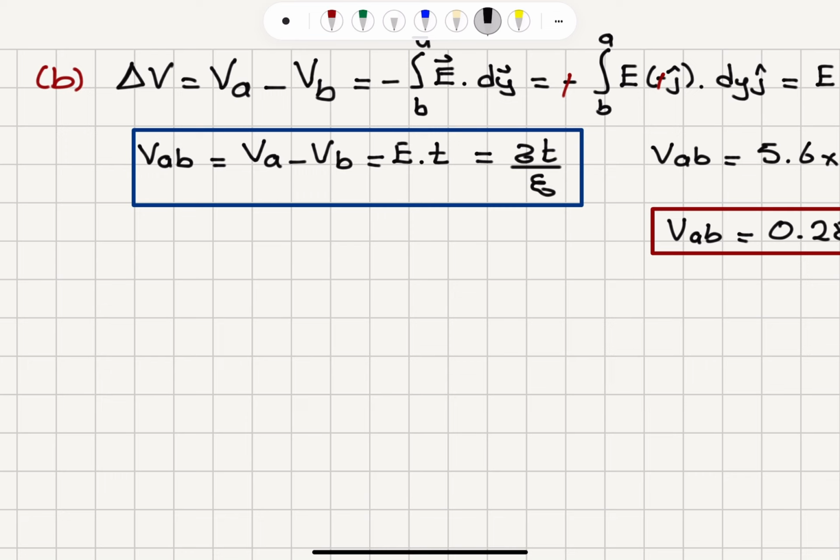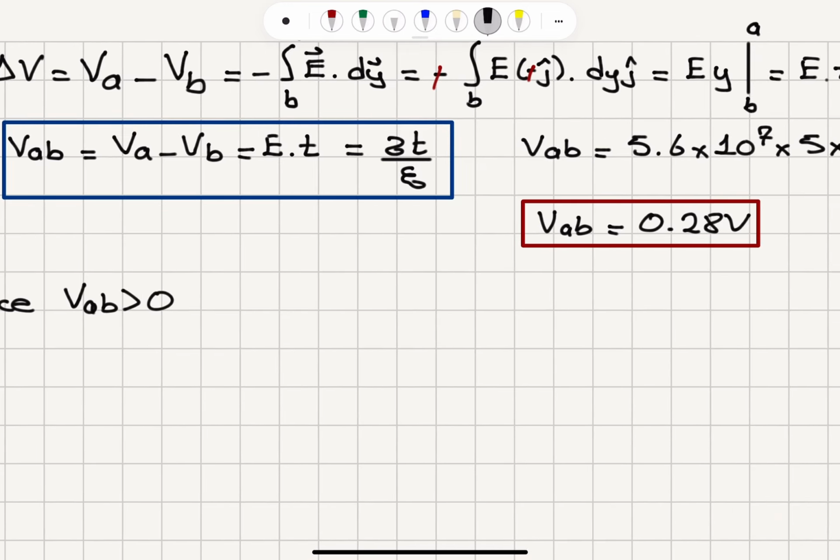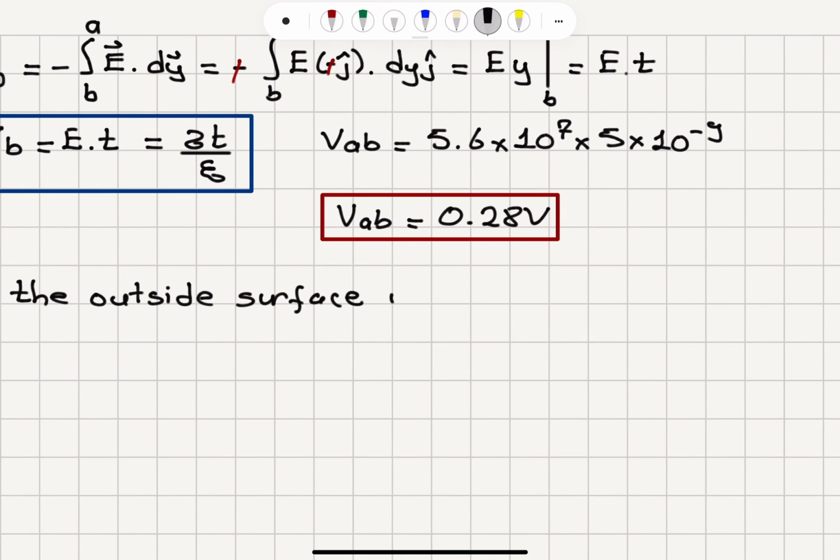So here, let's make a comment about this. Since VAB is positive, remember that A was the outside surface. The outside surface, the positively charged surface, is at a higher potential.